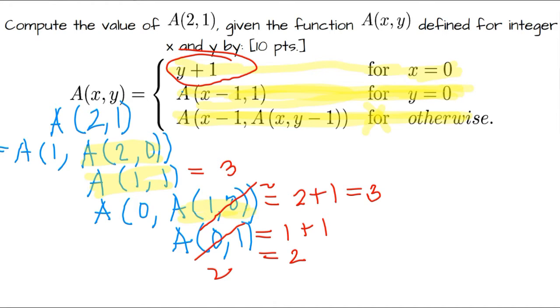And in the same manner, A(2,0) will be equal to 3 as well. Therefore, this original problem is equivalent to A(1,3).